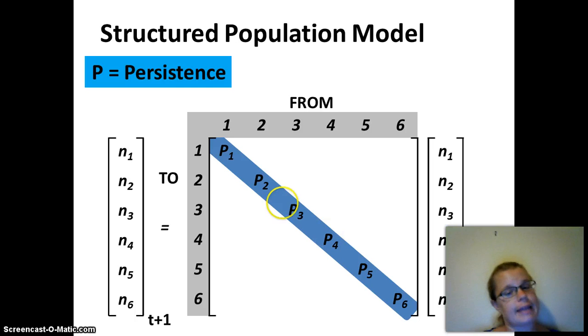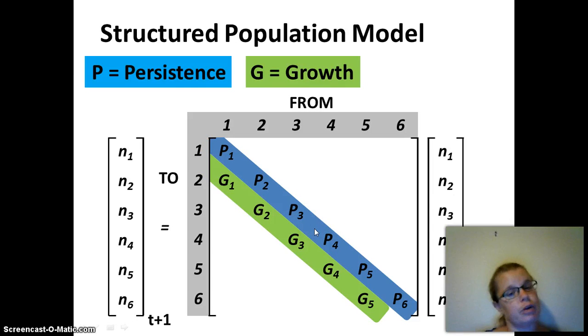So that's our main diagonal here. Just below the main diagonal is growth. It's the probability, for example here, in column 1, row 2, of an individual that's previously in stage 1 growing into stage 2. Or down here, it's the probability of an individual previously in stage 5 growing into stage 6.